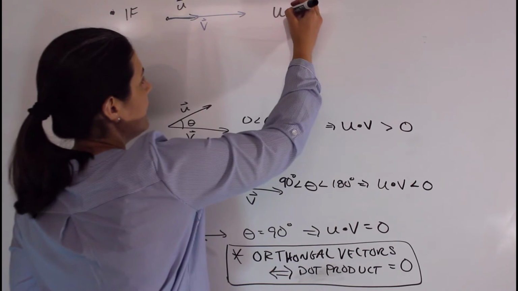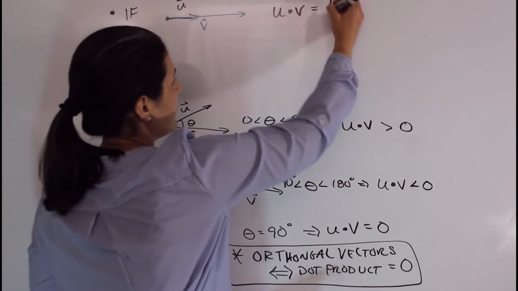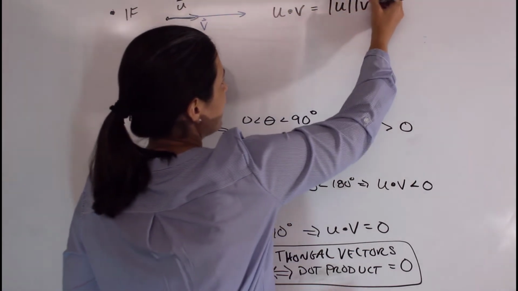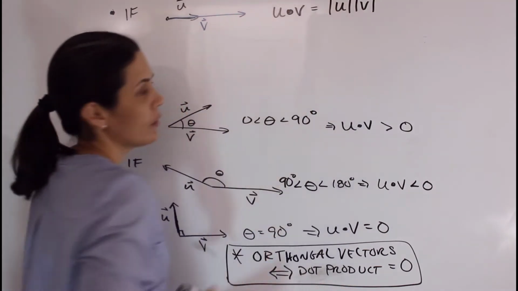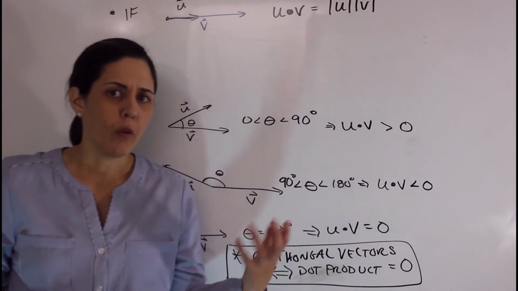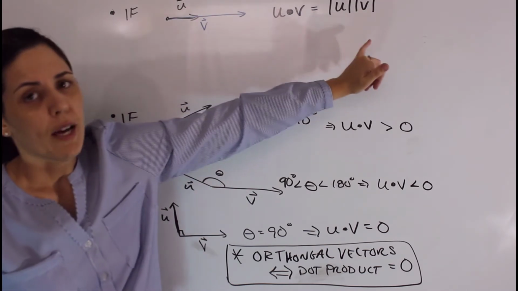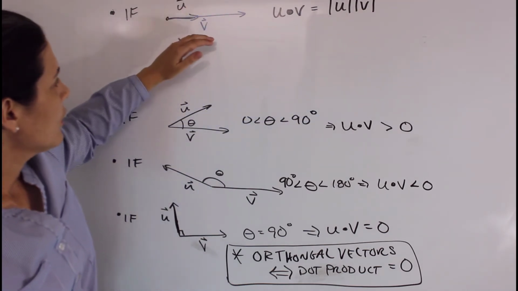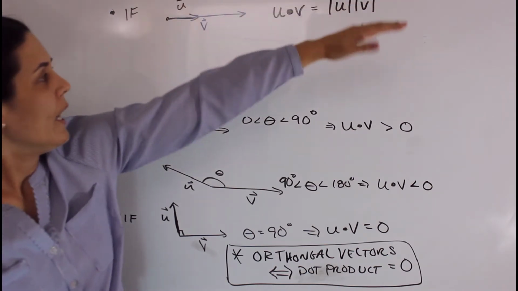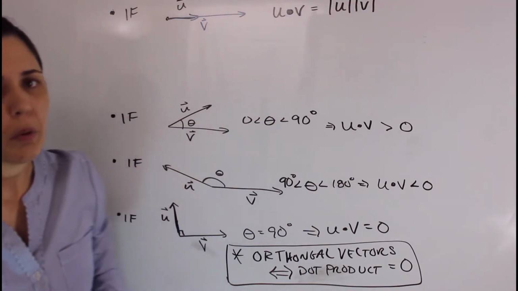Then, in this case, the dot product is actually the product of the magnitudes. You can work it out component-wise if you knew the components, and you'll get this answer anyway, but this is just a nice fact. So if you know that the vectors are parallel, pointing the same way, then this is their dot product.